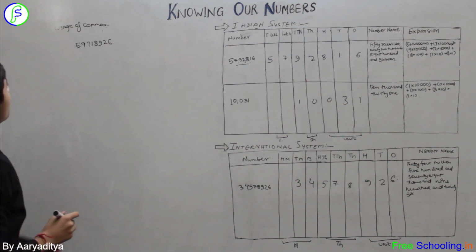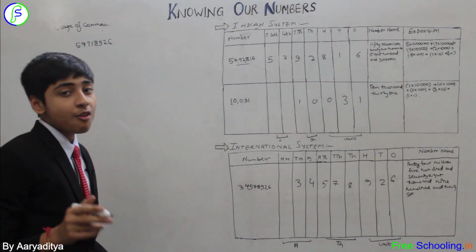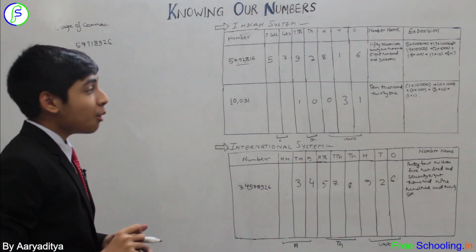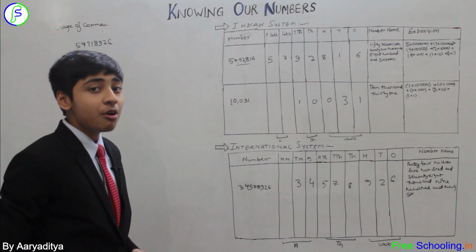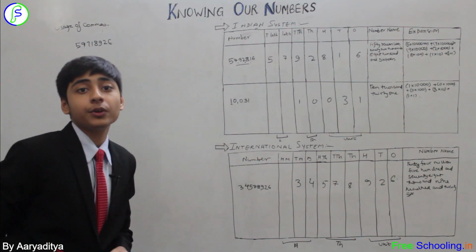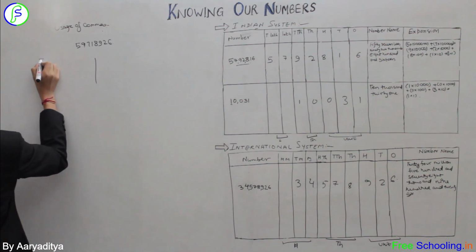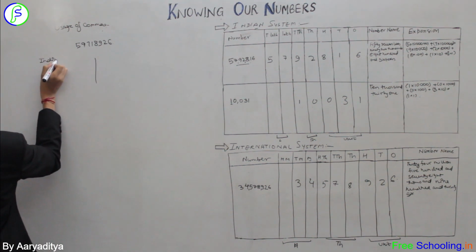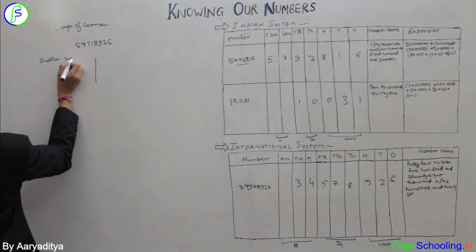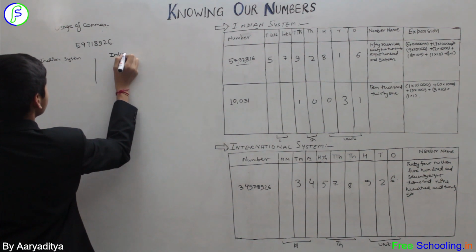If we try to put commas, the question arises whether the number should be represented in the Indian system or in the international system. So there are two ways of putting commas in a number. Let us see both the cases. This is for the Indian system and here the international system.